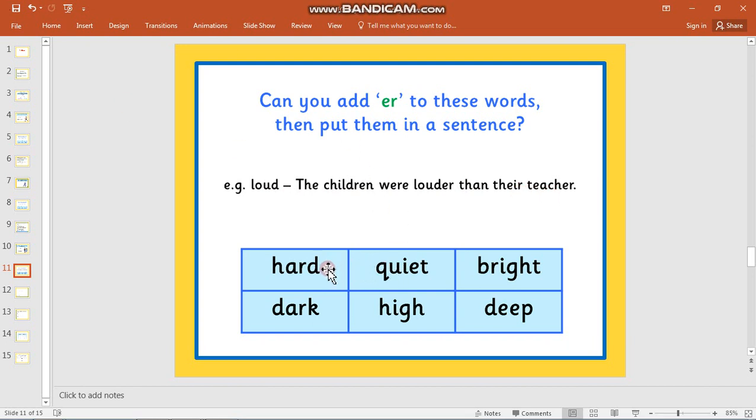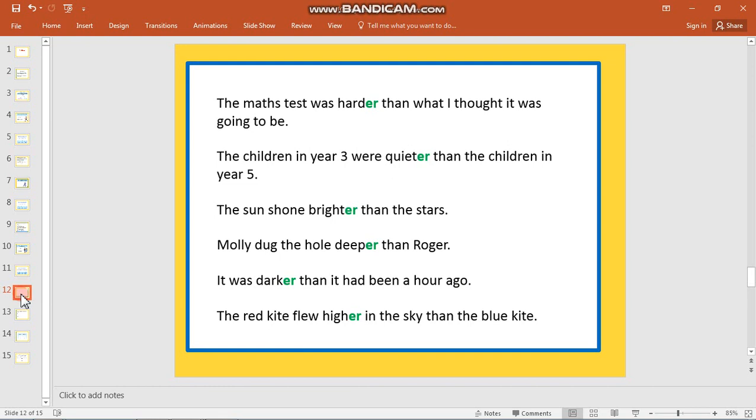Can you add this suffix to the words hard, quiet, bright, dark, high, deep, and then put those into sentences for me? Press pause on the video, and when you have written your sentences, press play and join me.